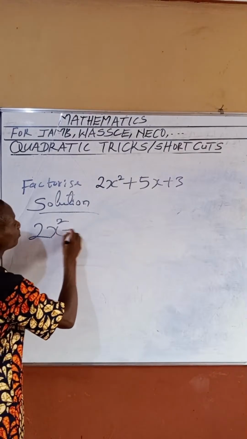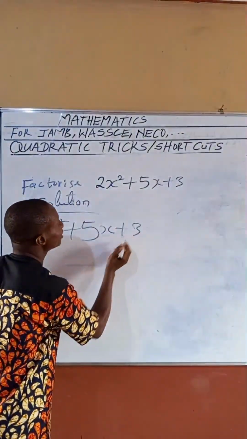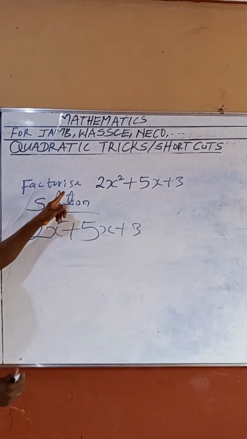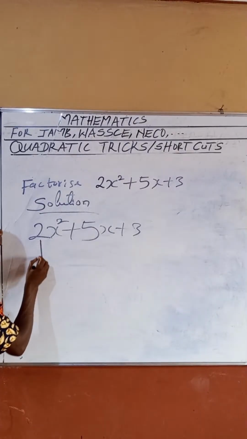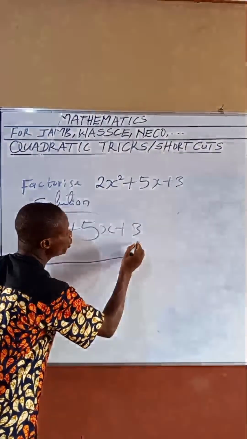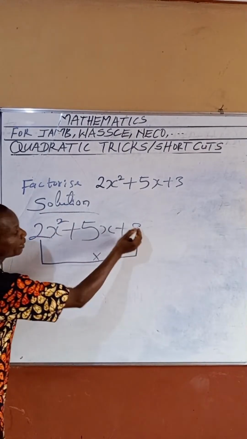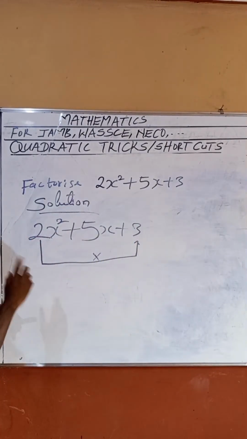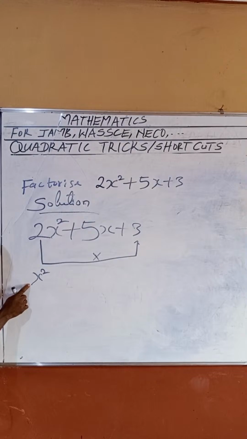2x squared plus 5x, then plus 3. Remember, we are told to factorize. The method, the trick we are using, is to take this 2 to this place and multiply it. We have done it before; I'm just summarizing. So this gives us x squared, no more 2 here, it's now ordinary x.